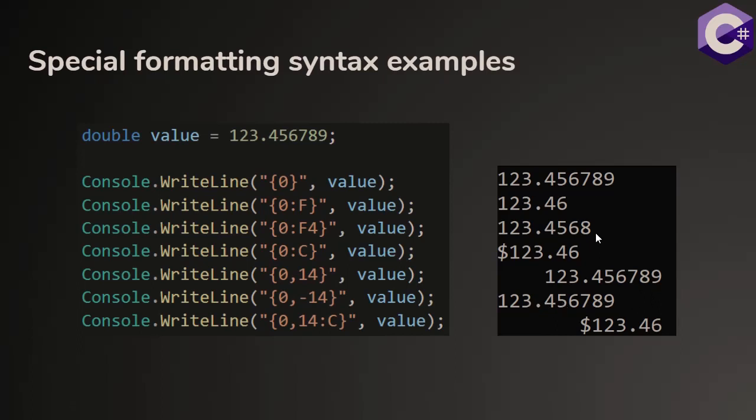So in this case, it differs from just inserting the value because I am also printing 1, 2, 3, 4 spaces here. And then we can combine these types of syntax. So I can say 0, I want to reserve 14 spaces for this value, right justified, and I want to format this value as currency. So here I've reserved 14 spaces, inserted the value, formatted as currency, 2 decimals, right justified.